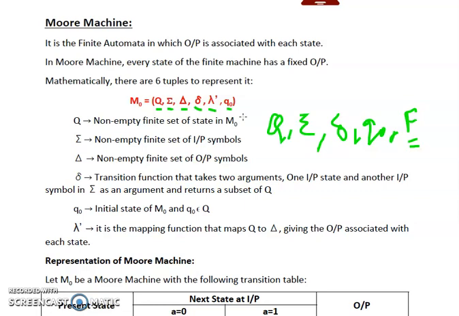But in case of Moore machine, we are not talking about the acceptance of a string. We are talking about the output associated with each state. That means whenever we are providing some input, we will be obtaining some output. That's why we are not talking about any final state. There is no final state. Instead, each and every state produces some output.